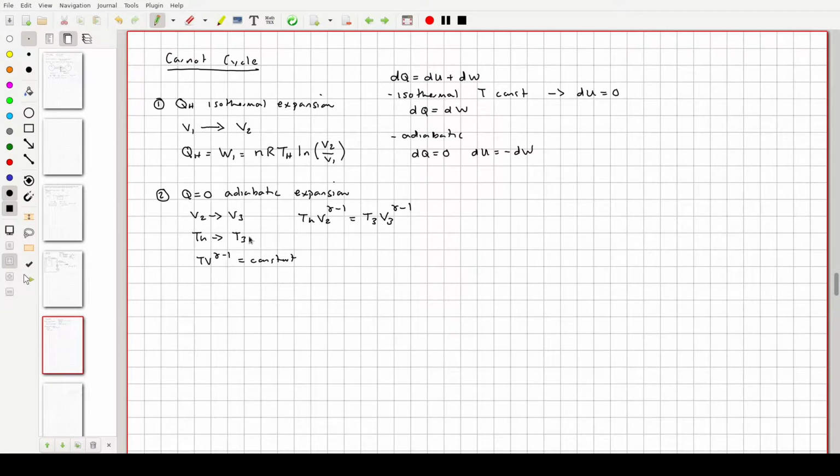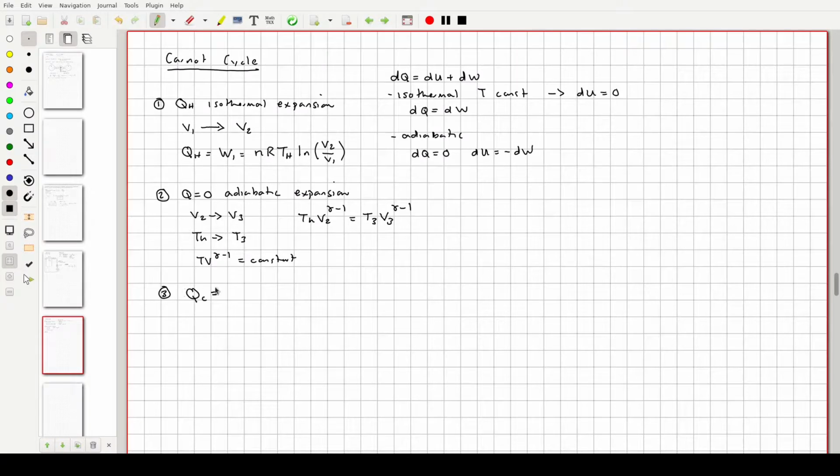Our temperature here, our final temperature rather, is going to be held constant, because what we want now to do is to isothermally compress this. So now we're compressing it isothermally.